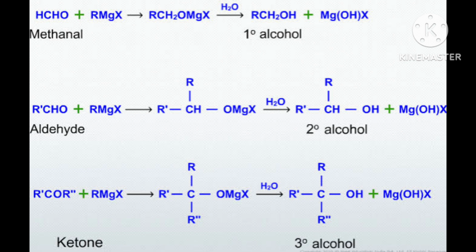What will happen if you reduce butan-1-al? If you reduce an aldehyde, the CHO will convert to OH, correct?